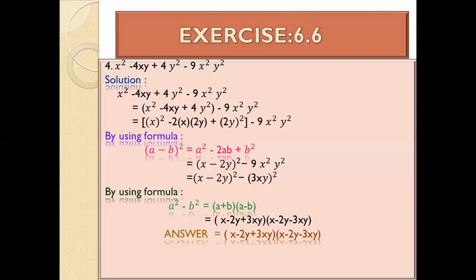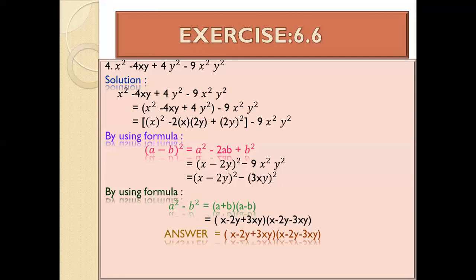So (a − b)², (x − 2y)² minus the square of 3xy, (3xy)². Again, we convert it in the form of a² − b², and this is equal to (a + b)(a − b).